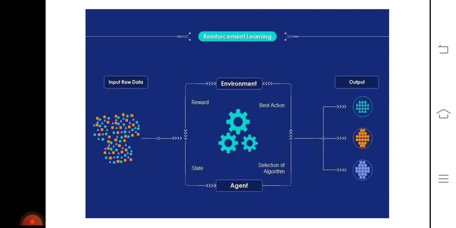It gives the reward, so it will take the best action and give a good output. It classifies based on the reward. It classifies this raw data into groups. Similar data are grouped as one group.